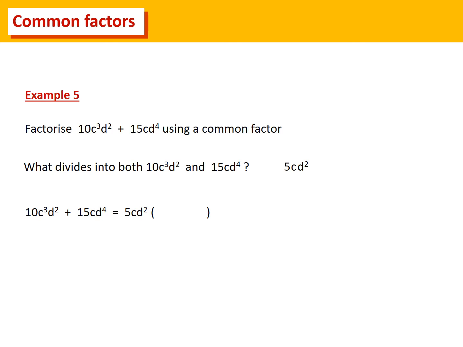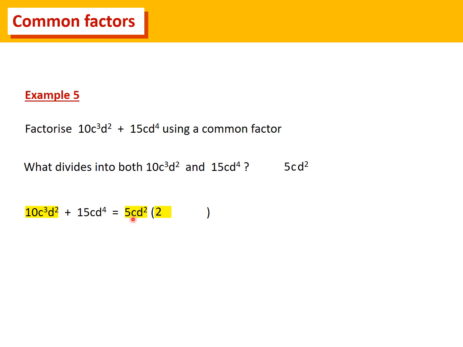So take your time. 5cd squared times something has to give me 10c cubed d squared. Do it in bits. Concentrate on the number. 5 times something has to give me 10. So the something has to be a 2.